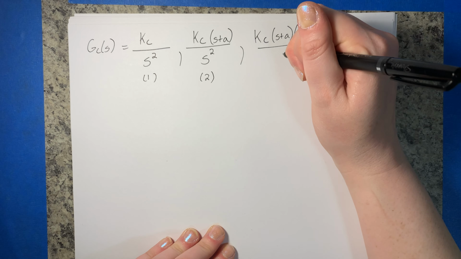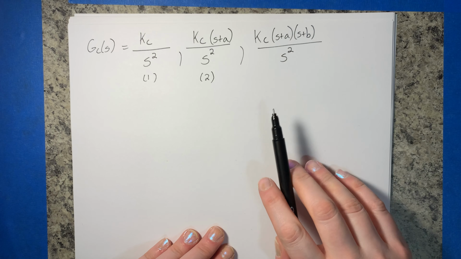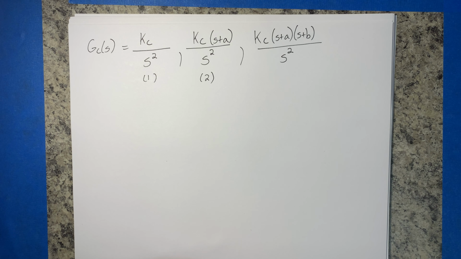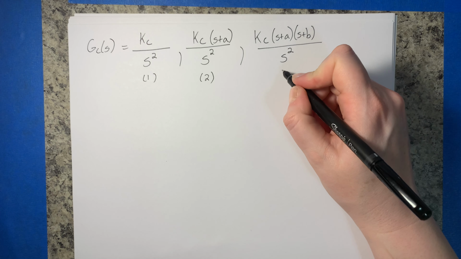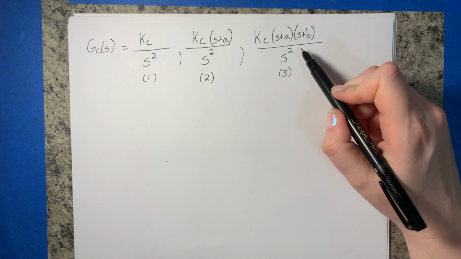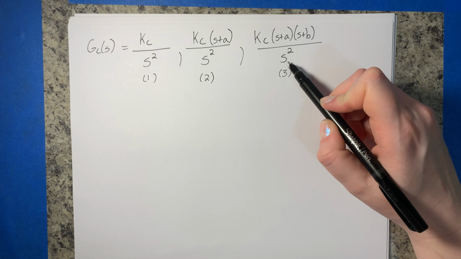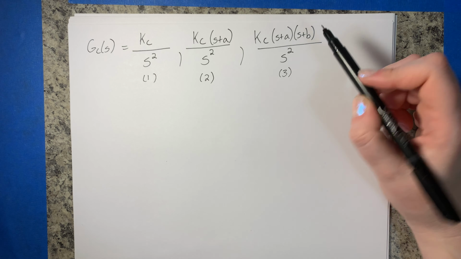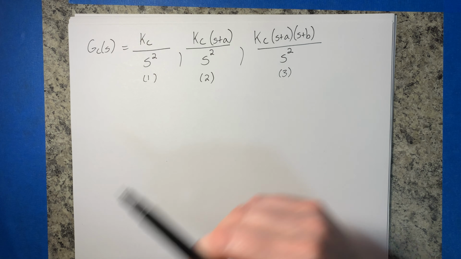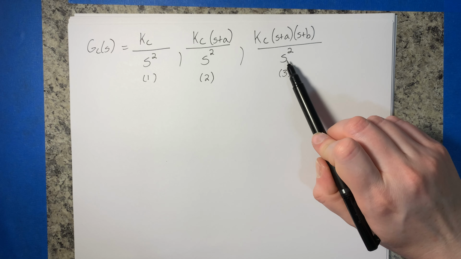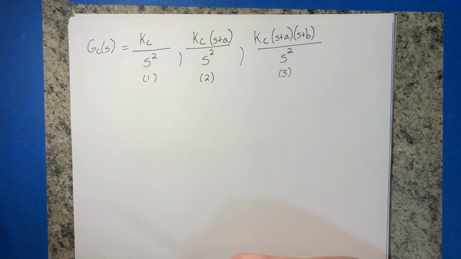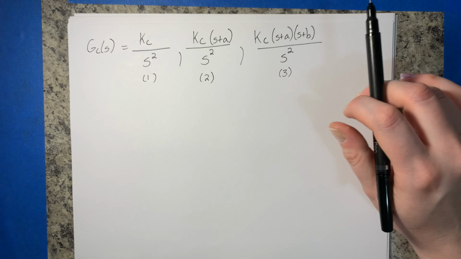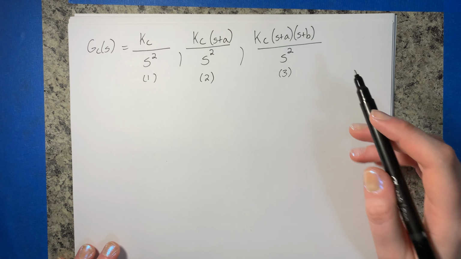Again we can increase the complexity on the numerator. Remember, I really don't want to increase the complexity on the denominator. I don't want to add another s down here unless I absolutely have to, because that will increase the order of your QCL equation and make it more difficult to solve. So try and avoid that if you can.